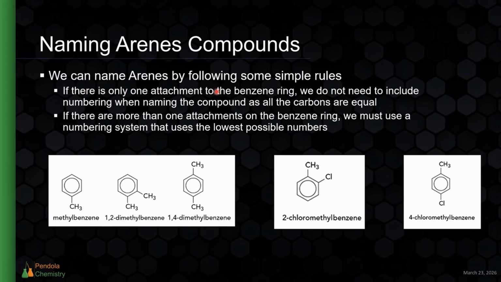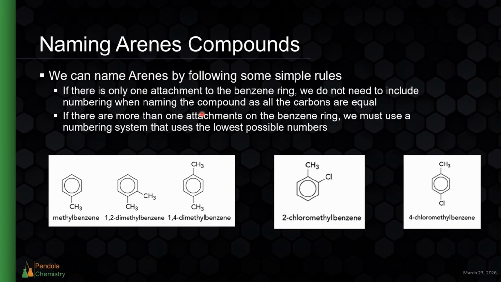If there's only one attachment to the benzene ring, then we do not need to include any numbering. For example, we have a 1 carbon side chain on a benzene ring. This will simply be methylbenzene. There's no numbering involved because there's only one side chain.